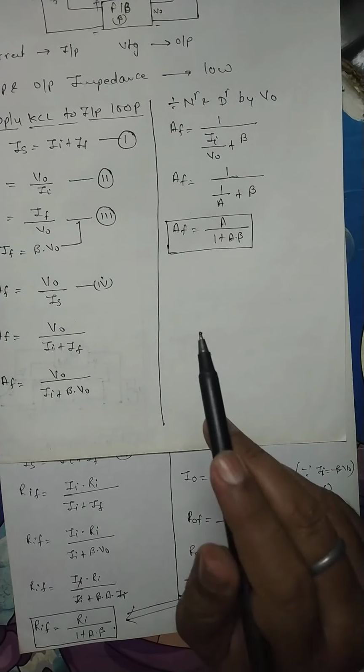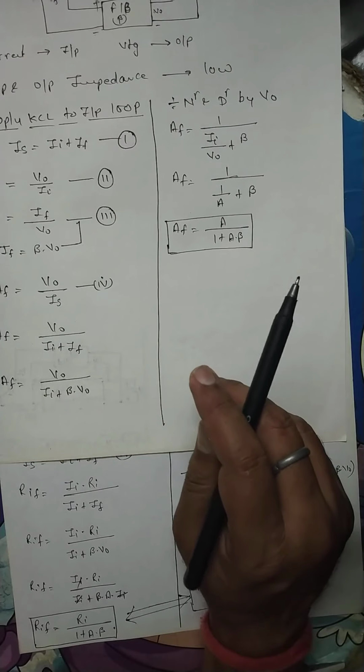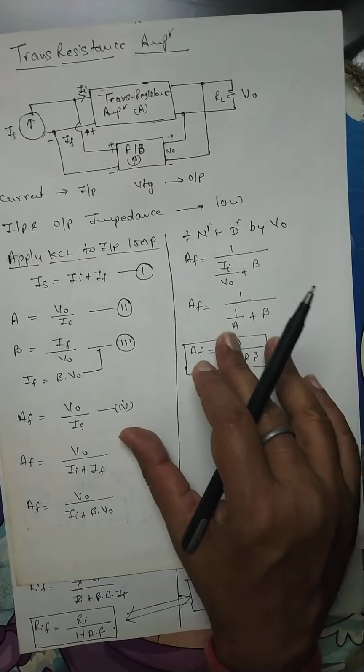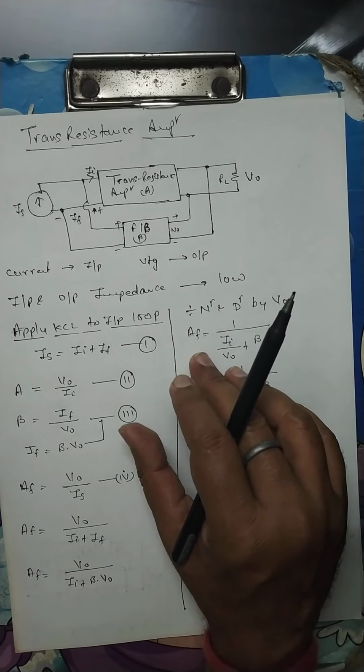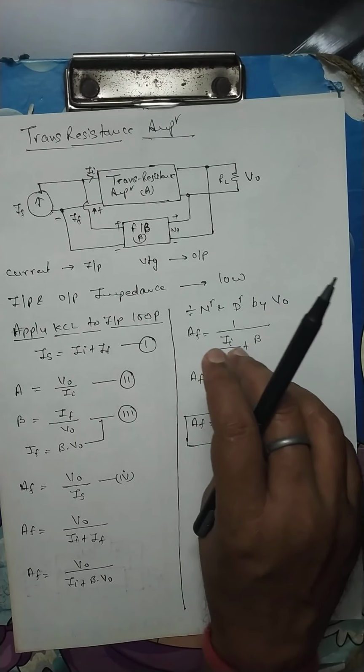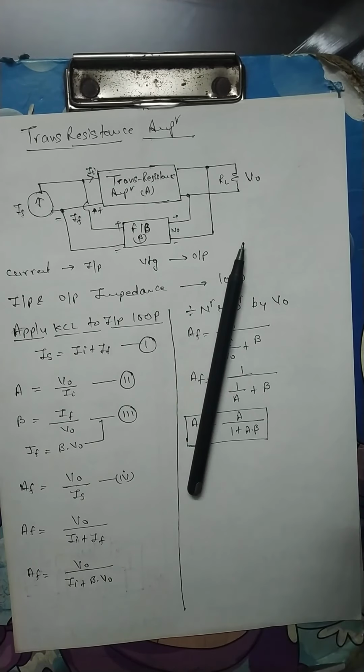Okay, so this is about the analysis of the transresistance amplifier. Up till now I have explained the analysis of input resistance, output resistance, and the feedback gain of the transresistance amplifier. Thank you.